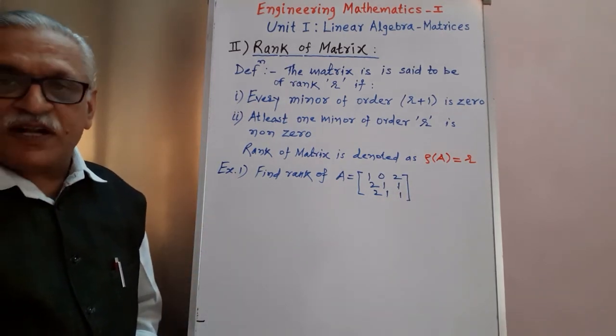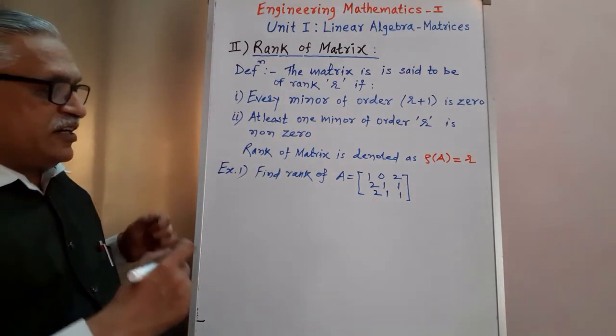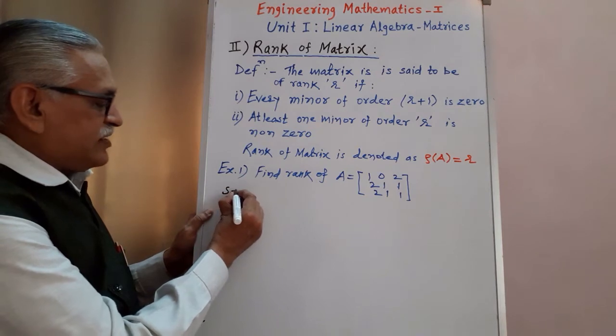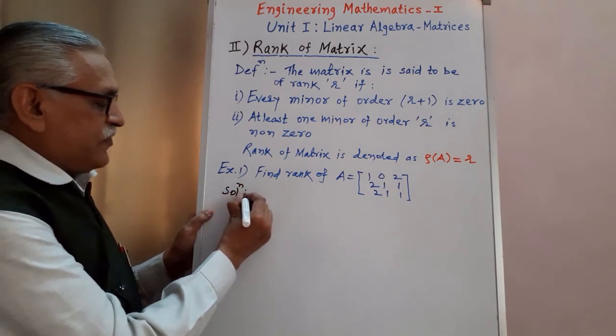Here the order of that matrix is 3 by 3, 3 rows and 3 columns. Therefore, we try to find out the rank with the help of this definition.